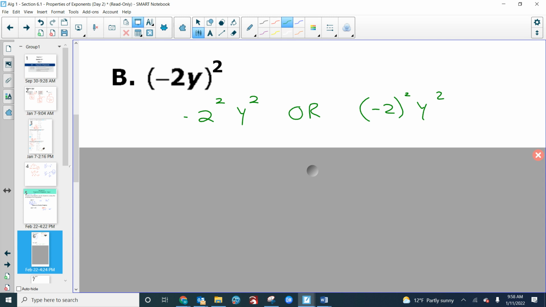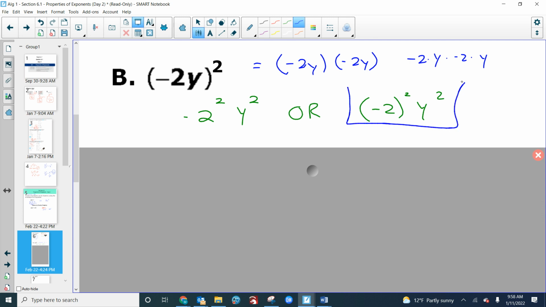Can I tell you a way to check your answer? What's this telling you to do? Take negative 2y and multiply it by itself, right? So there's 2 factors of it. Another way we could solve this the long way: negative 2y times negative 2y, which is negative 2 times y times negative 2 times y, which is positive 4y squared.